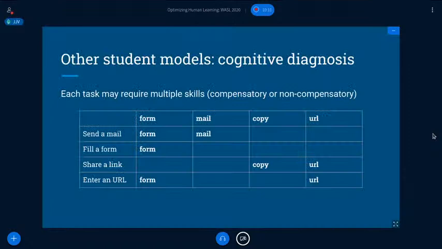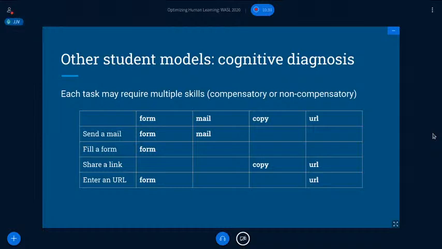And of course there are many student models, and you can, for example, say that tasks may require not only one skill of some difficulty, but multiple skills, which makes it more challenging. So here is a toy example where you have 4 tasks that require several skills.